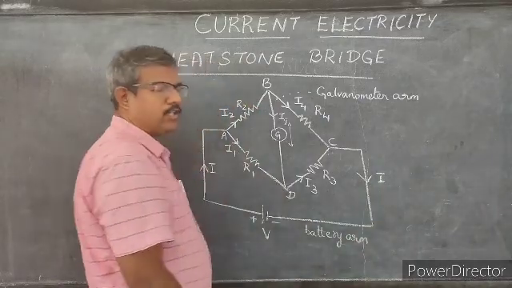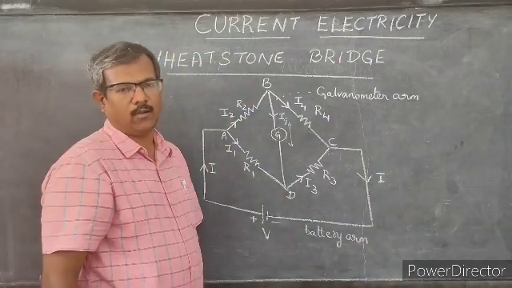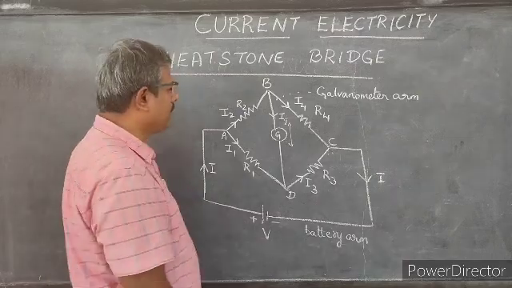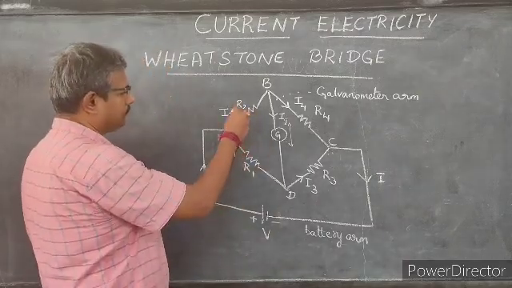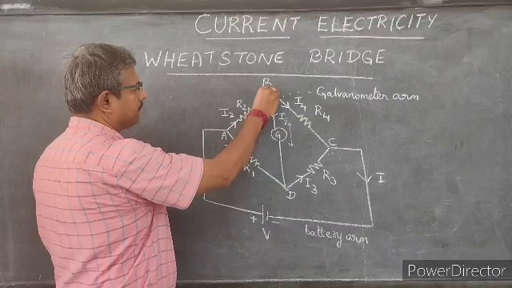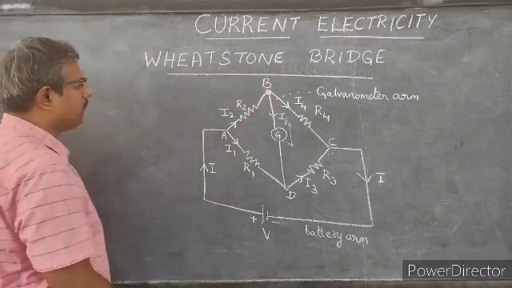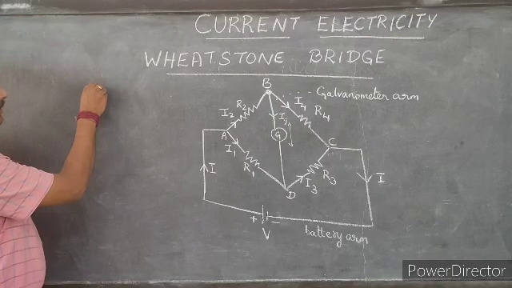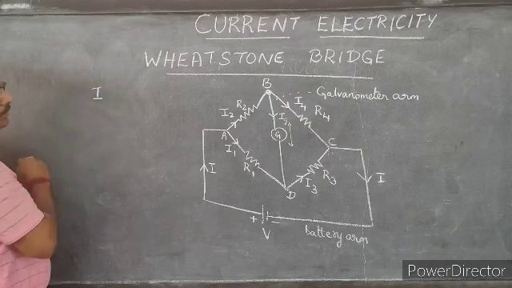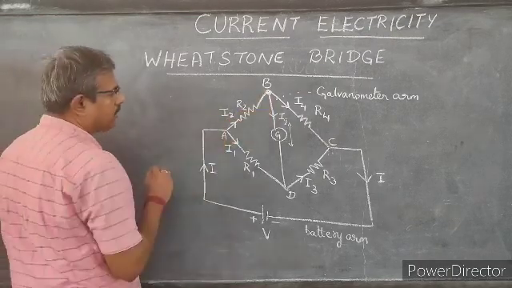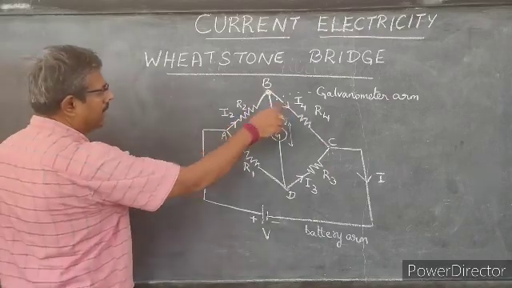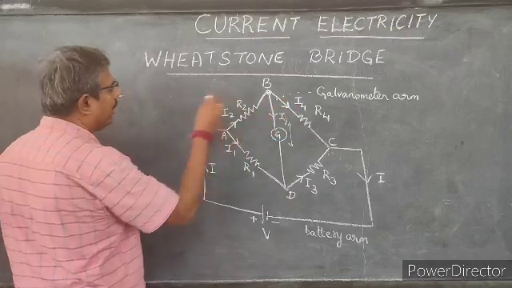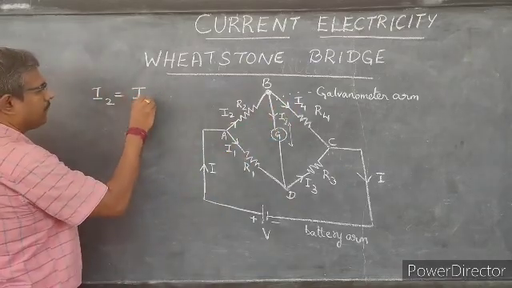Now if I apply Kirchhoff's current law, or the junction law that we discussed previously, to, let's say, this junction, then I would get I2, which is current flowing into the junction, to be equal to the currents flowing out of the junction.